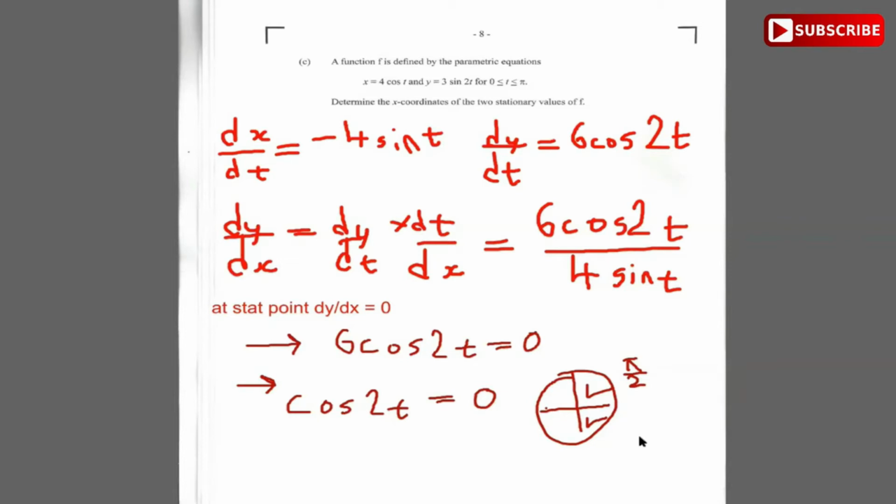Let me write it better. It's 2 pi minus pi by 2, and 2 pi minus pi by 2 is 4 pi over 2 minus pi over 2, which is 3 pi by 2. All right, that's better. It's not 7 pi by 2, it's 3 pi by 2.